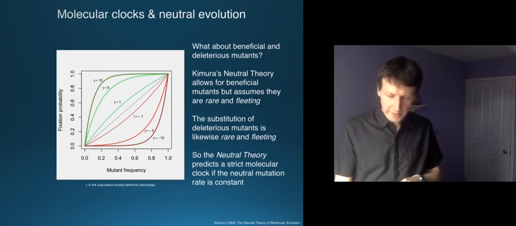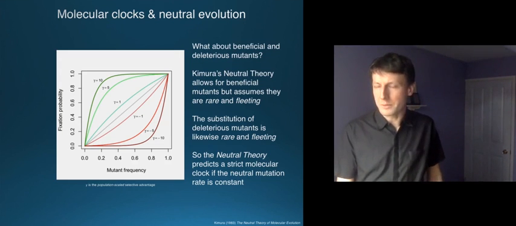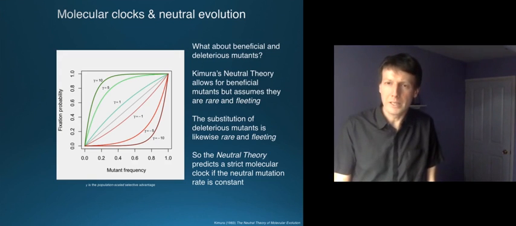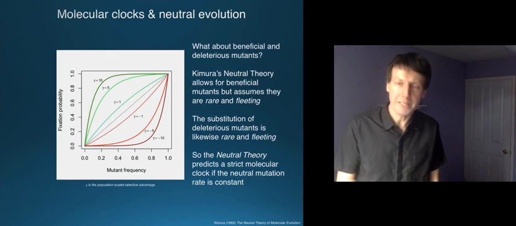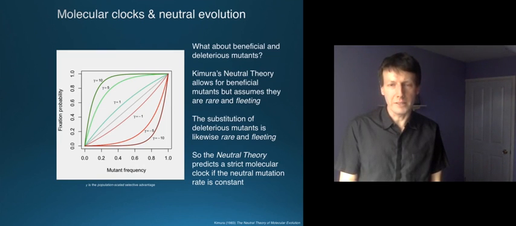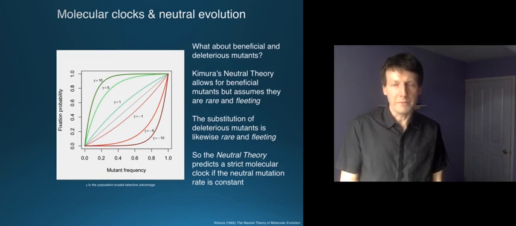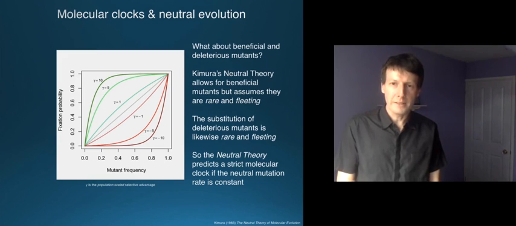Well, firstly, it assumes that they're rare because most organisms are already well adapted to their environments, and so large advantageous mutants are not likely to arise. Second is that if their selective advantage is large enough, then they're likely to sweep through the population and go to fixation quickly.